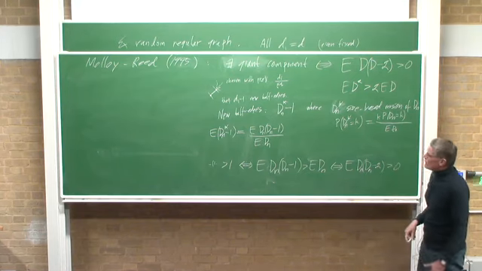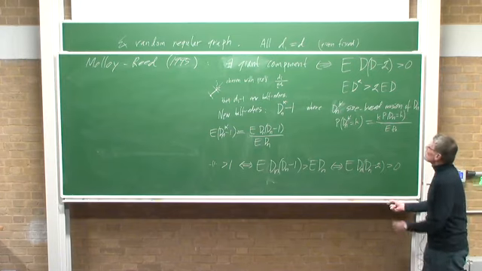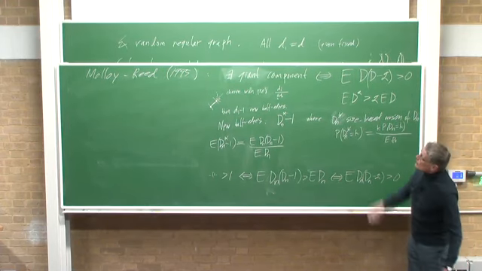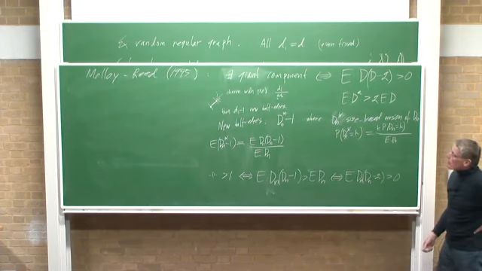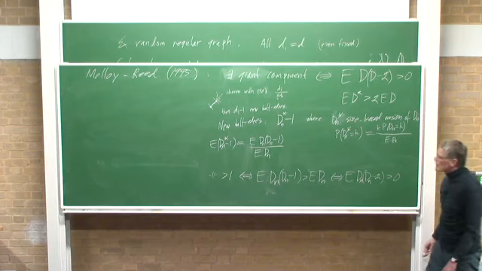And now if you do this asymptotic thing, put in the asymptotic distribution instead, you'd see that we have exactly the criterion that Molloy and Reed found. Now, their proof did not really use branching process precisely, but something similar.